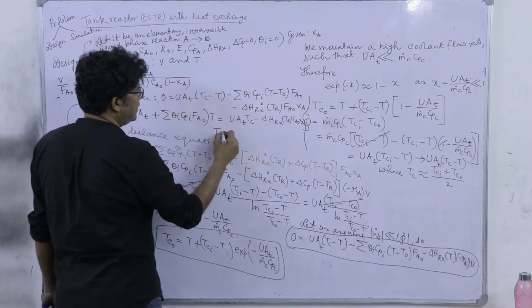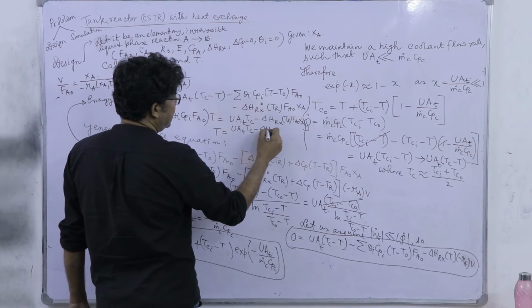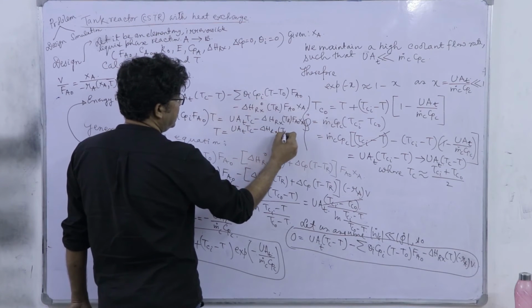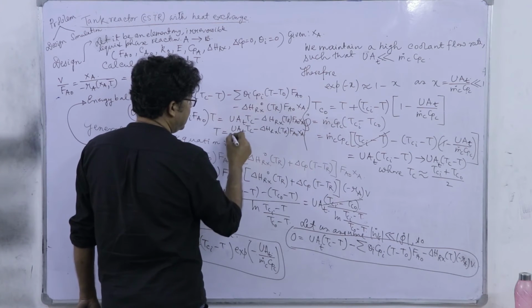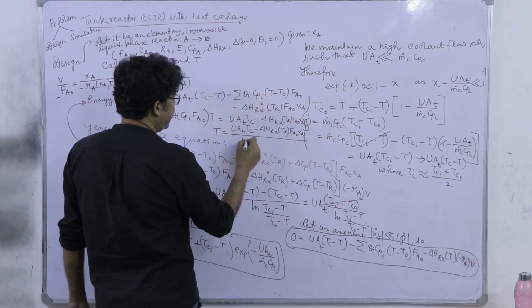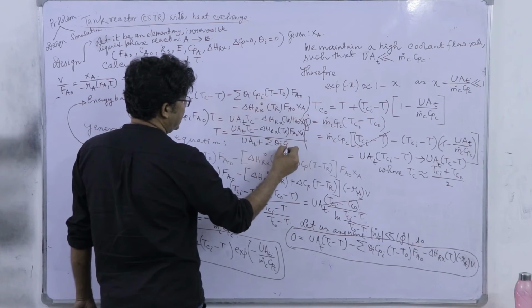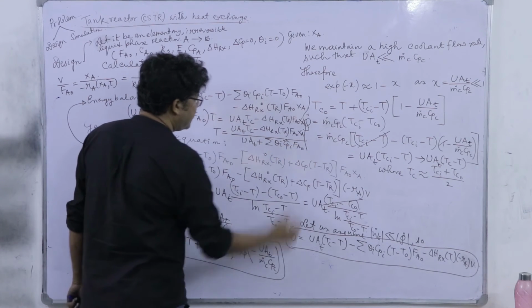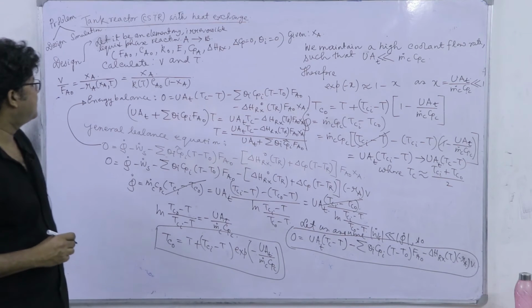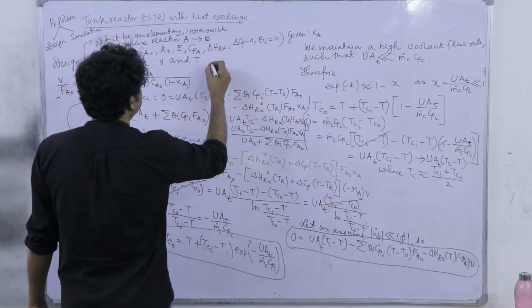So, T is equal to U AT Tc minus delta H Rx at Tr into Fa naught into Xa, divided by U AT plus summation theta I Cpi into Fa naught. So, we know Xa, so we have to get T.